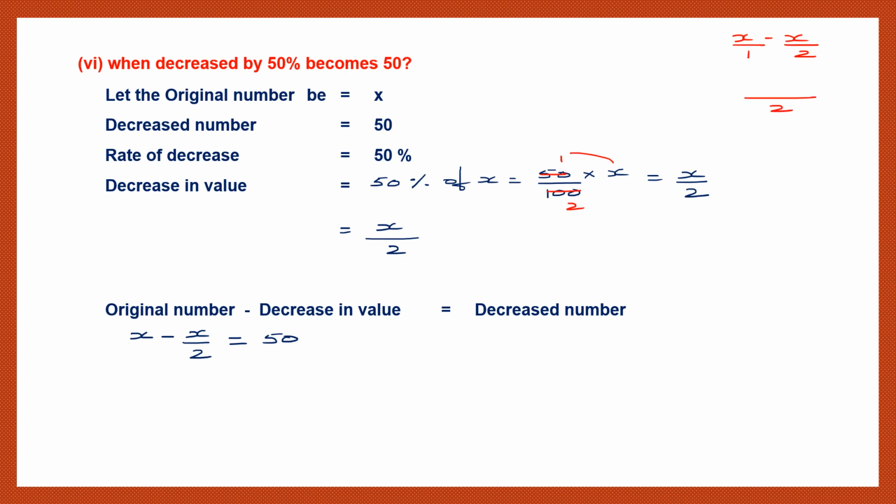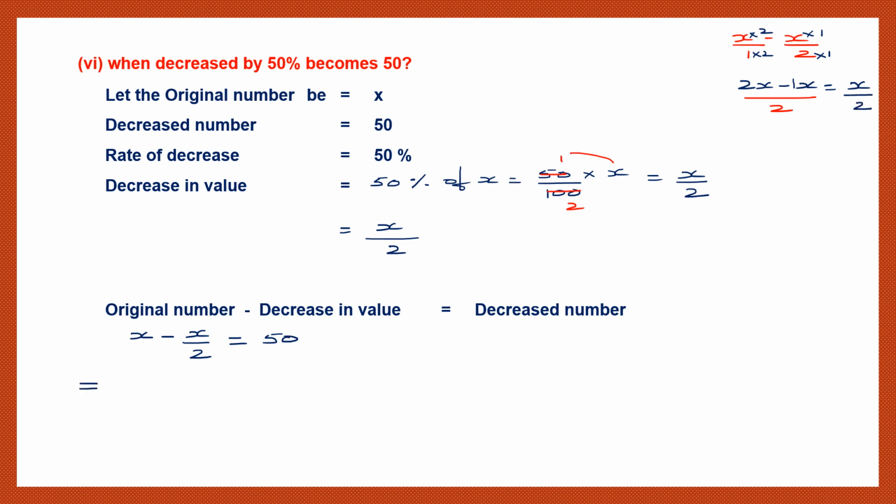So 1 into 2 is 2. So x into 2 is 2x minus 2 into 1. So x into 1 is x. 2x minus x. So this will be 2x minus 1x. 2 minus 1 is 1, and that will be just 1x or x by 2.